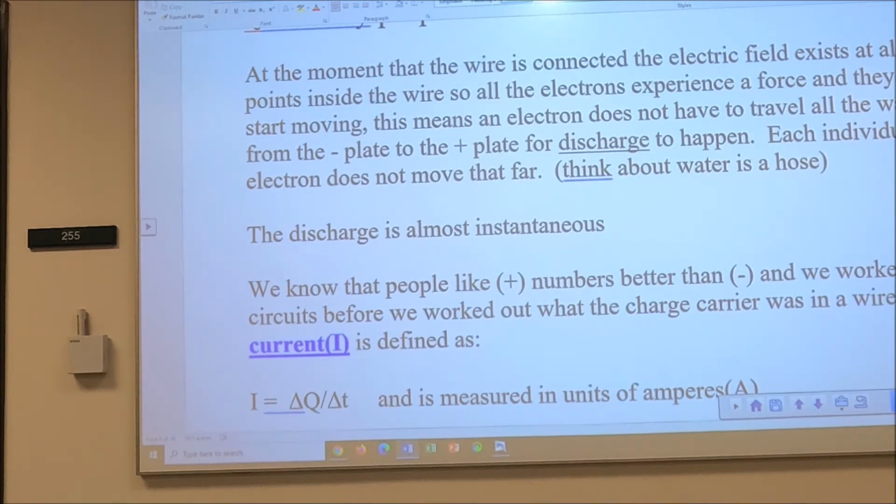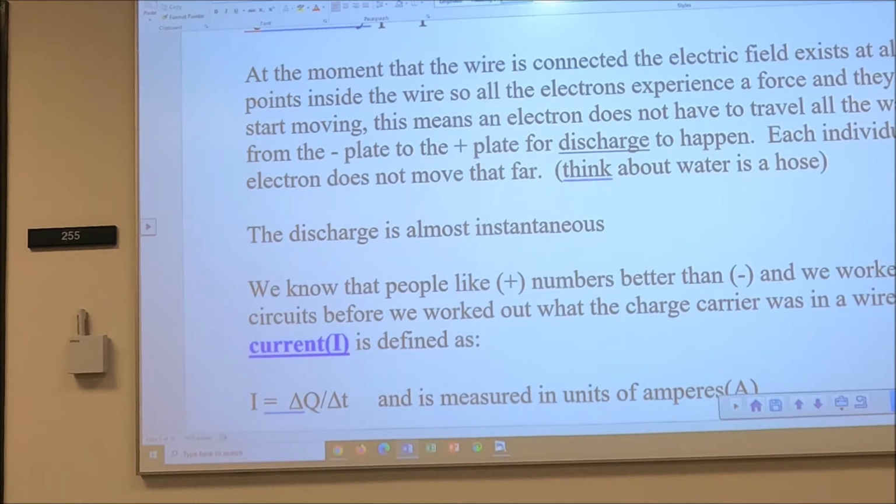Think about flipping a light switch. Okay? And the electrons are going to move from the negative plate to the positive plate. Each individual electron doesn't move that far. Think about water moving through a hose. Okay? So electrons don't actually have to go all the way from the negative plate to the positive plate to discharge.